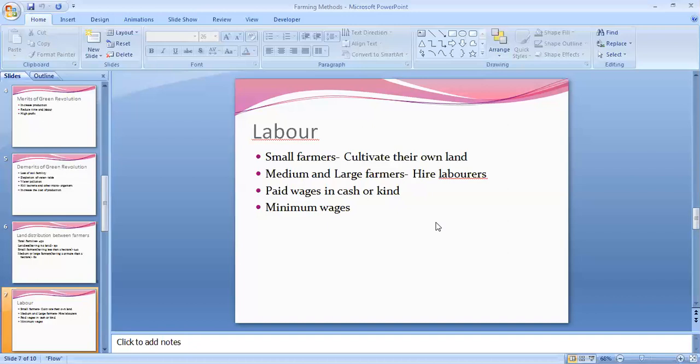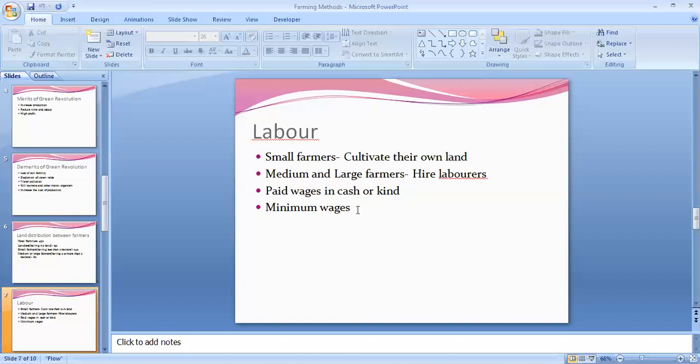And these people are paid wages, and wages can be in cash or in kind. Kind means that sometimes the laborers get meals, or sometimes the farm laborers get crop instead of cash.